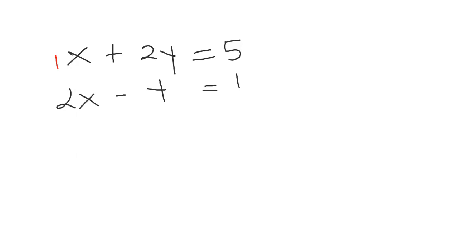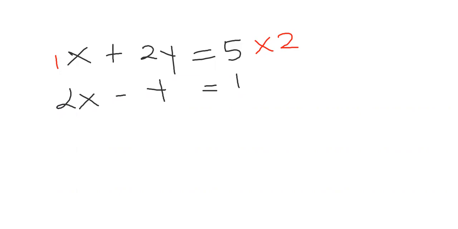So you have to make those coefficients the same, and we make them the same by multiplying by any number that will make them the same. In this case, I'm going to choose to multiply by 2. It's always best to multiply by the smallest number possible to make your life easier.